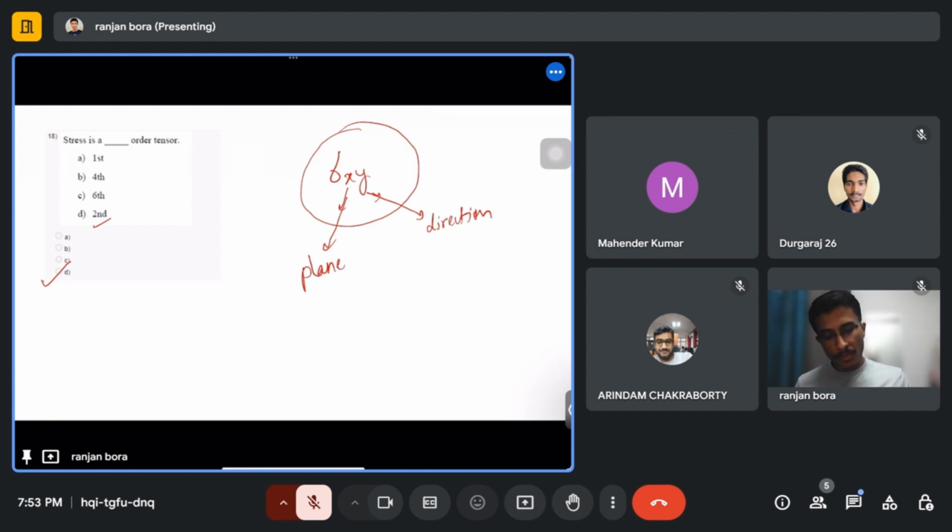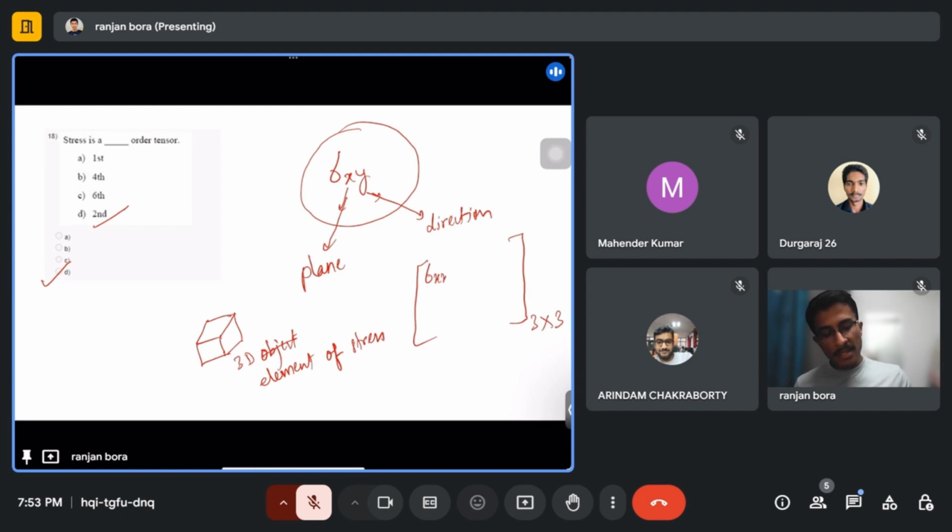Means for a three-dimensional object, a 3D element of stress, we have seen we represent the stress using a 3 by 3 matrix for this particular element, like say stress in the x direction, z direction, then shear stress on the x plane in the y direction, x plane in the z direction.